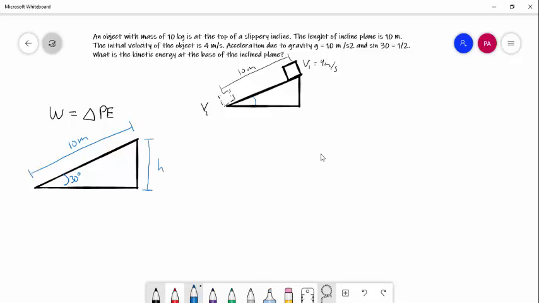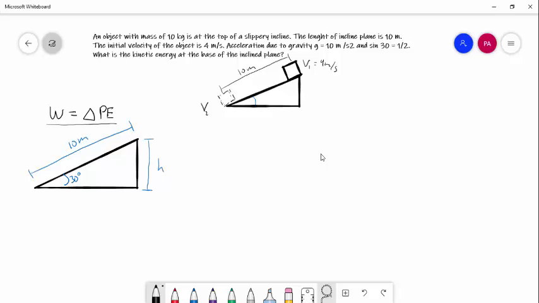For this one, we don't need to see the force direction, because no matter what the direction is, the point of this formula is just the change of height.